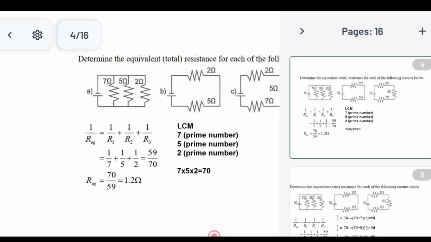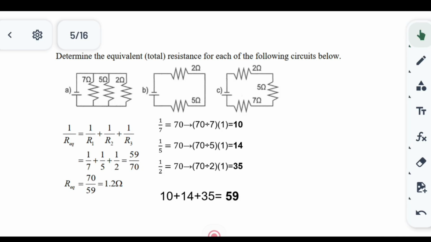Now, the second thing that you need to do is add. For you to add that, you have to divide the LCD by each resistance. So, for the first resistance, 1 over 7 equals something over 70. Then 70 divided by 7, the LCD divided by the denominator, then multiplied by 1, that will be 10.